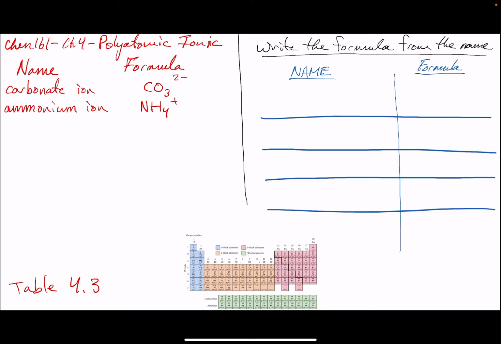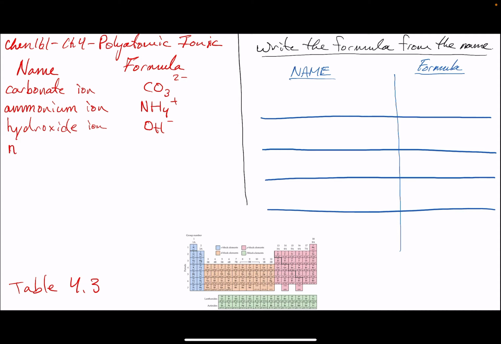The next one we need to memorize is hydroxide. The hydroxide ion is OH-. Again, oxygen and hydrogen are bonded, and that paired species is overall -1 in charge. That is an anion.